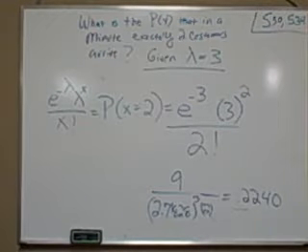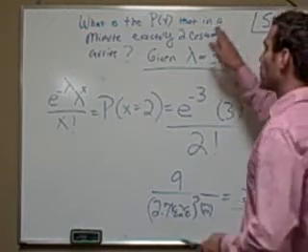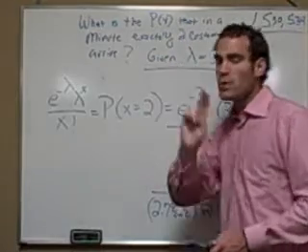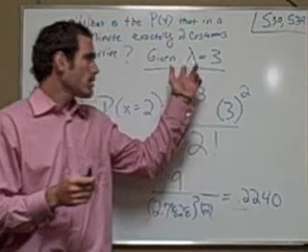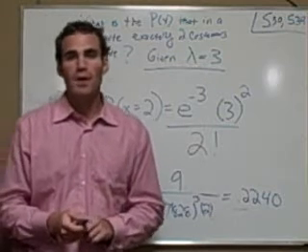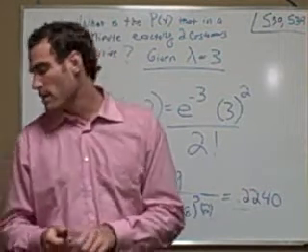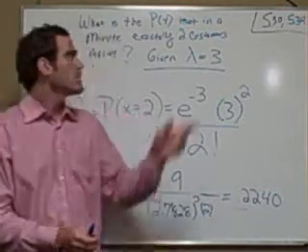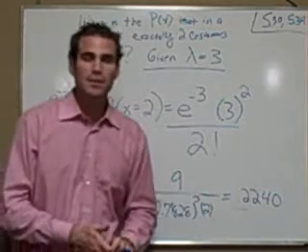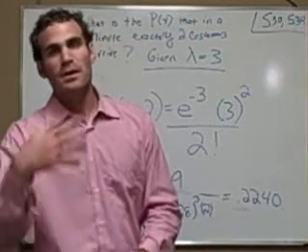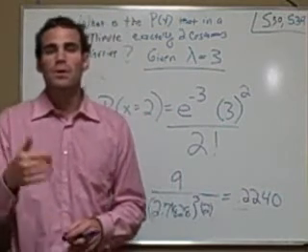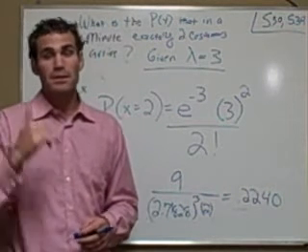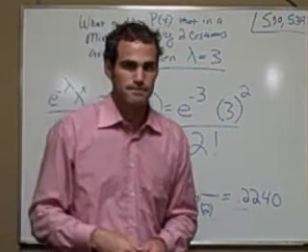If we wanted to answer the question, what is the probability that in a minute exactly 2 customers arrive, given we expect that 3 customers should arrive per minute? Okay, this is on page 198. So exactly 2 would be less than what we expected.